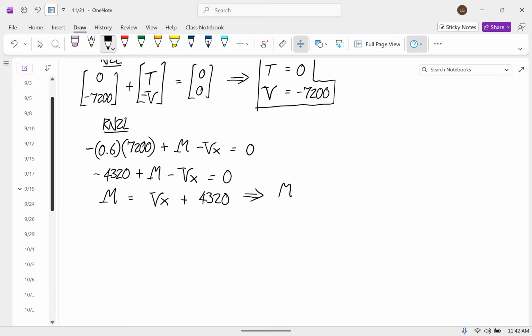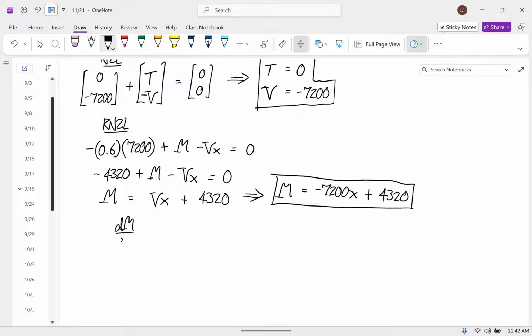So M is equal to negative 7,200x plus 4320. Okay. And now do these checks. dM/dx has to be equal to V. You can see that it is.